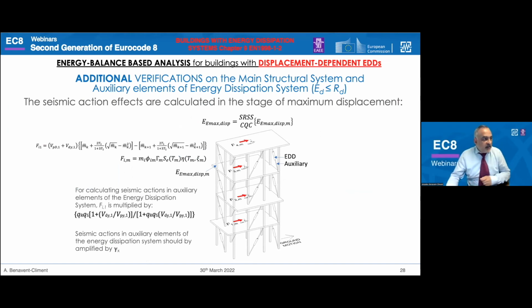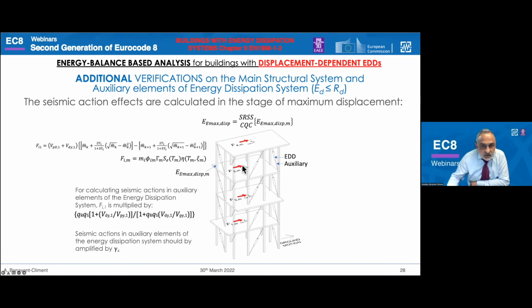Okay, finally, it is necessary to make additional verifications on the structural elements of the main structure and on the auxiliary elements of the energy dissipation system. More precisely, similarly to the buildings with velocity-dependent dampers, we have to verify that the effects of the seismic actions are smaller than or equal to the design resistance.